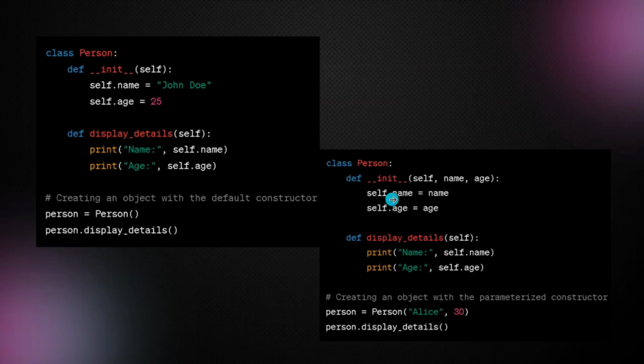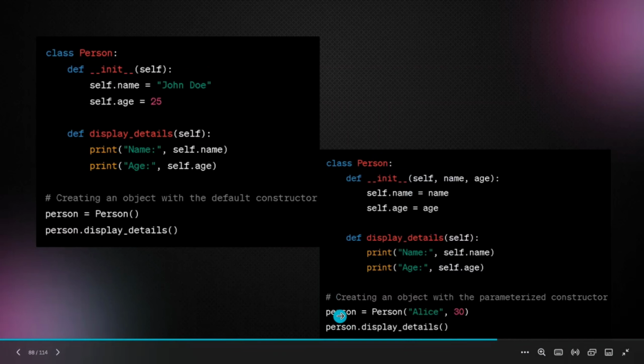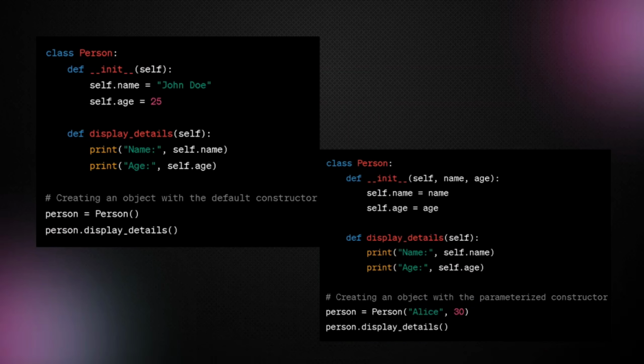So what we are doing is mapping the name parameter to the object attribute name. As you can see, when I'm creating the object person of the Person class, I'm also mentioning its name and age. So this is the difference between default and parameterized constructor.